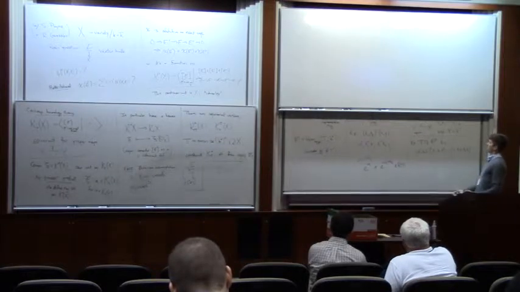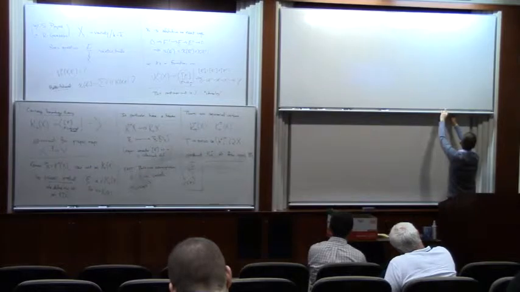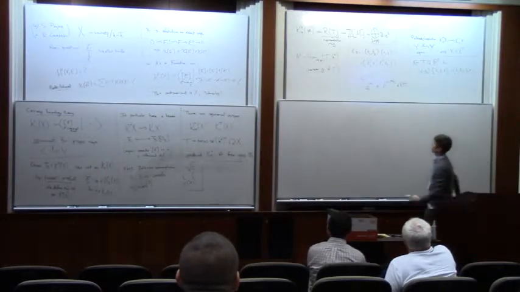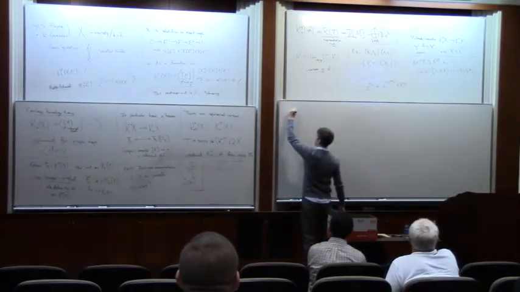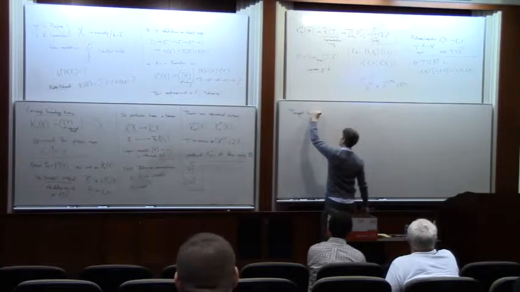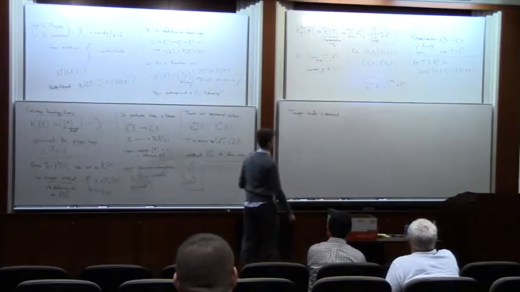And I'm going to draw a picture and then just explain what I'm doing. So the tangent bundle is equivariant for this construction. There's a natural lift of this action to the tangent bundle.